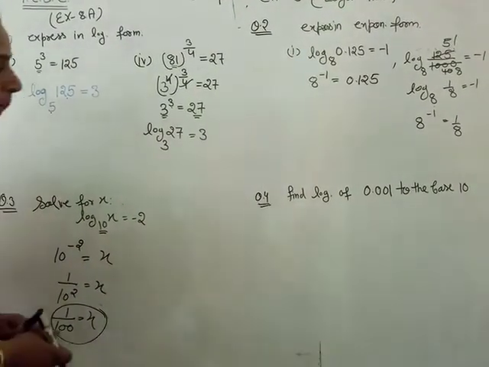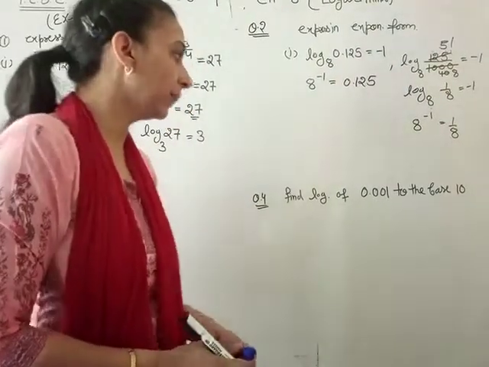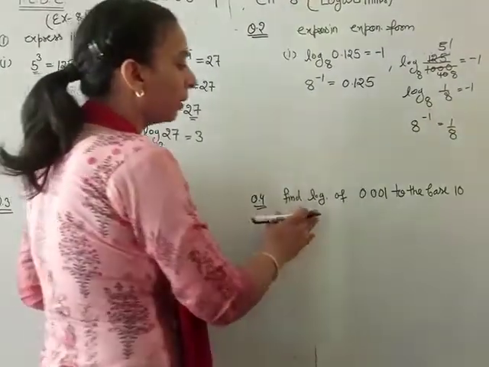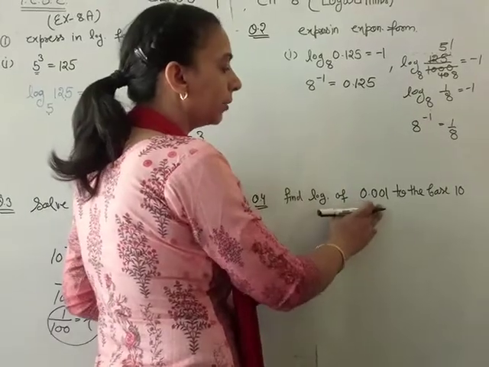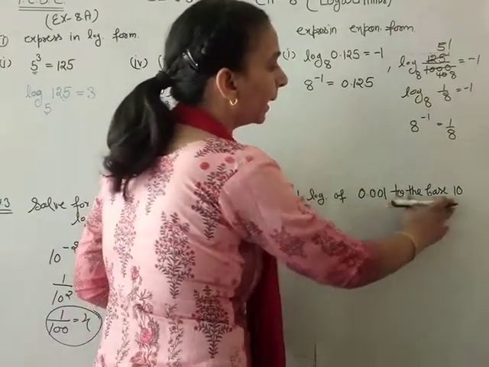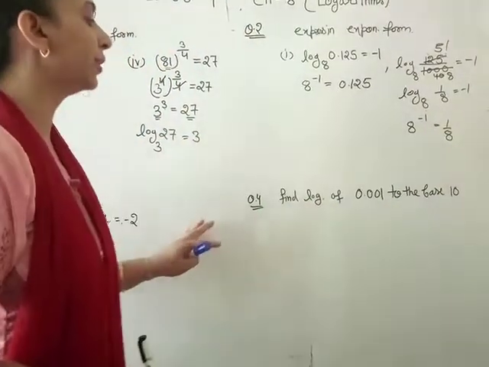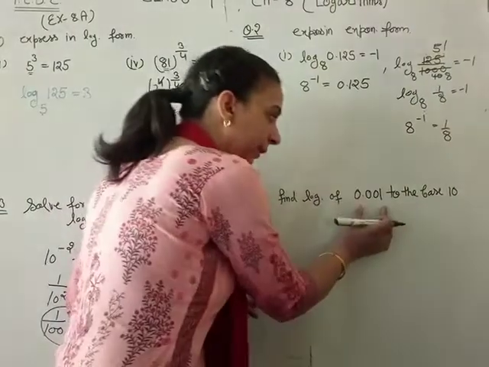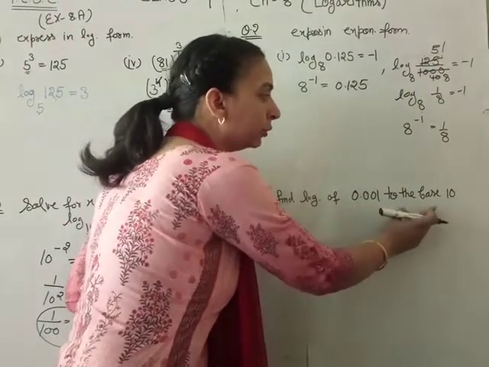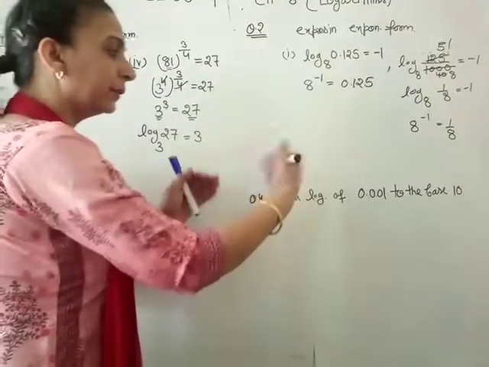Okay, then next question, question number 4, find log of 0.001 to the base 10. Student, in this question we find the log of 0.001 to the base 10. We find the value of this.